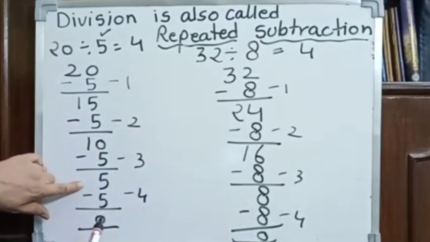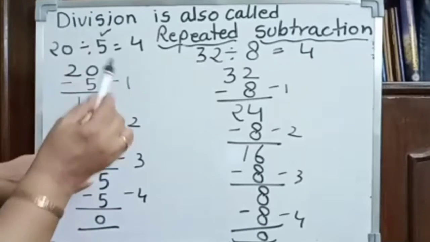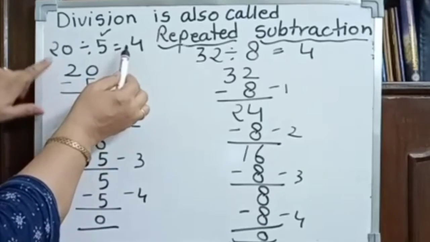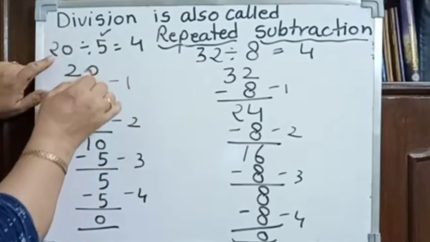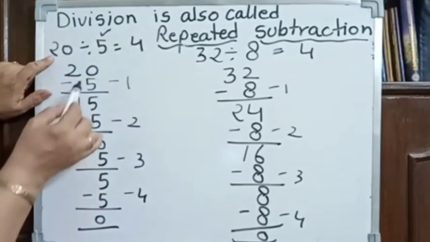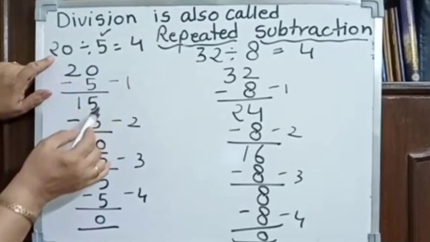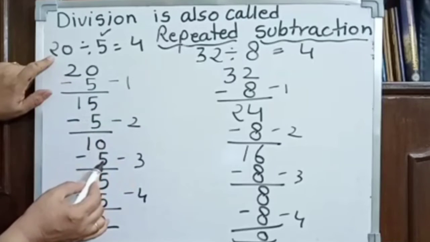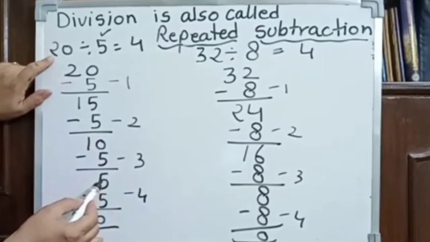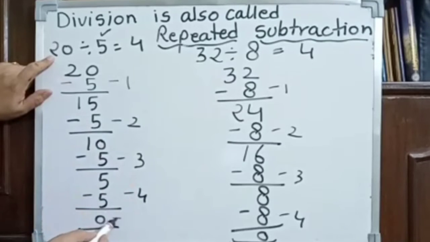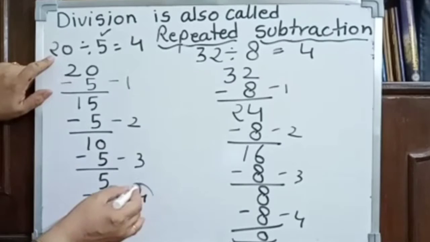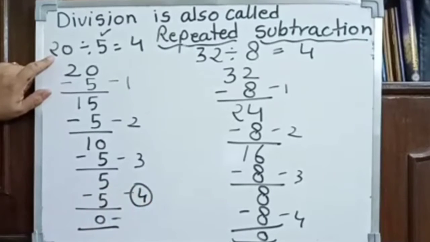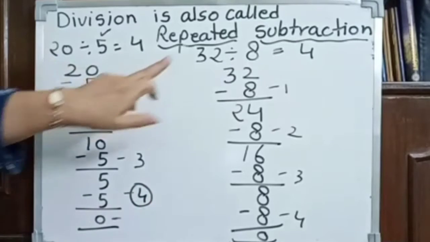When we count the table of 5, we get the answer. Again here, repeated subtraction. 5 1 time, 15, then 2 time, 10, again 5 3 time, 5 4 time, we get 0. So quotient is 4.